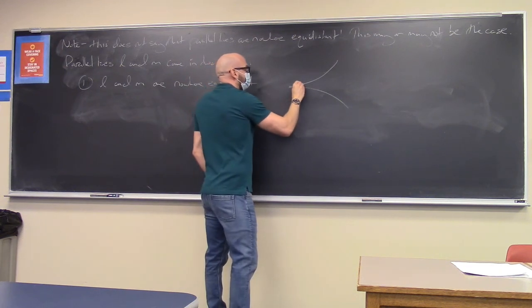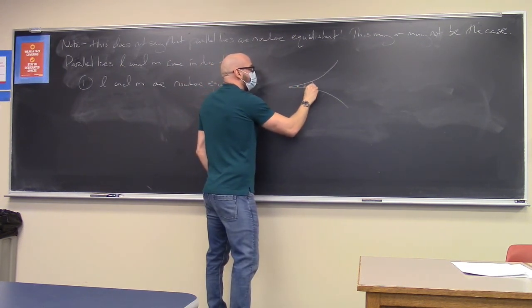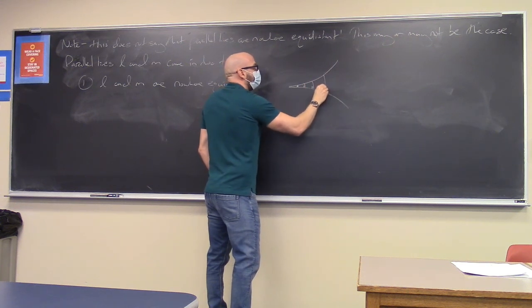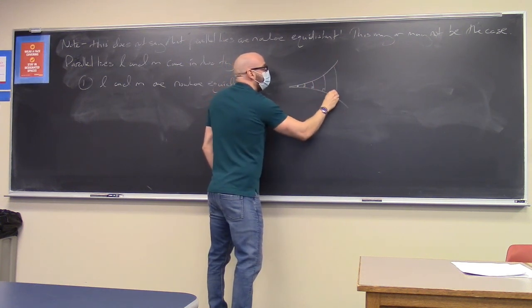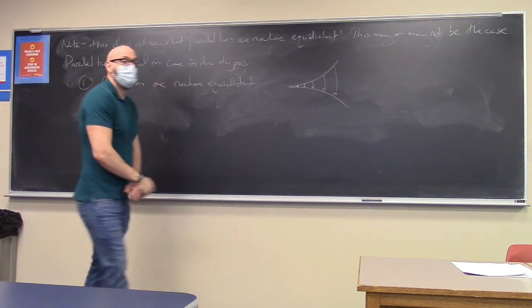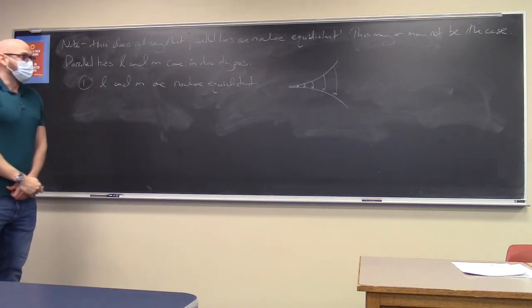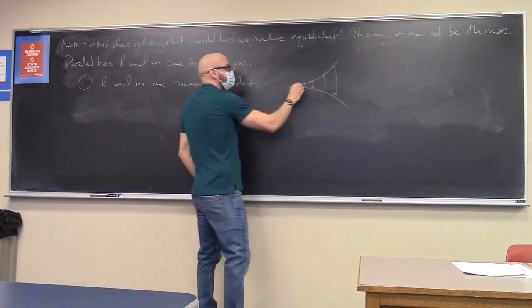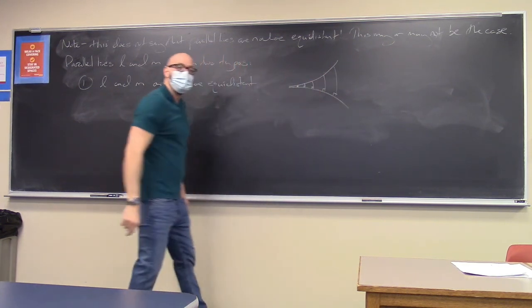Right? And if you look at the distance between these lines, well, they are indeed nowhere equidistant, right? If you start measuring the distance between the lines, it's just increasing and increasing and increasing forever.